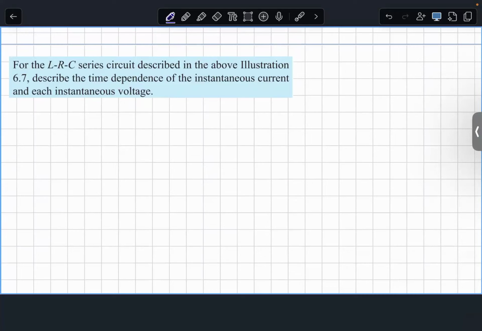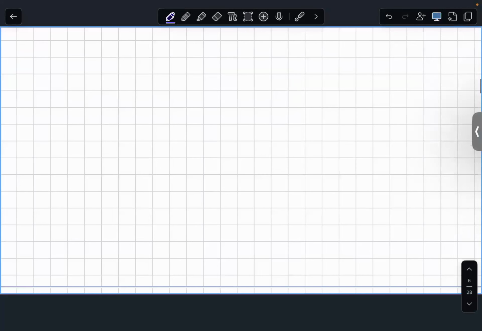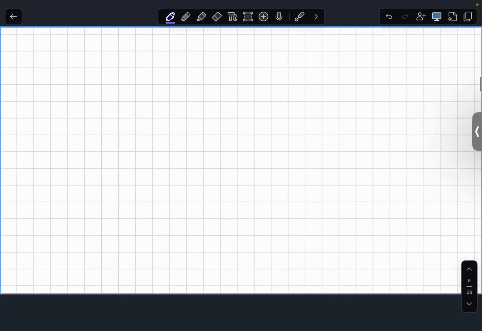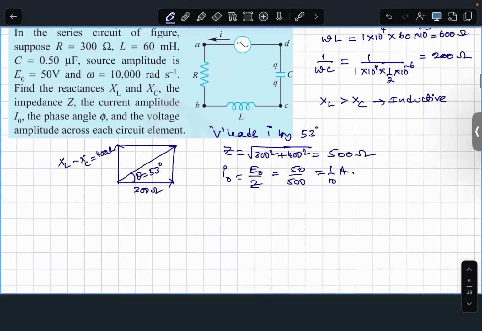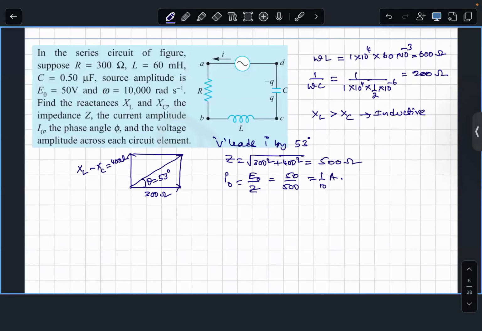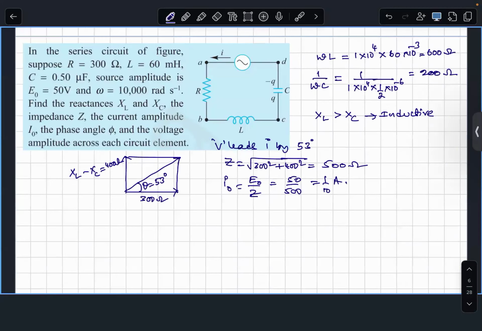First of all, we need some function to be given. Okay, we assume that. Now, what is the current through the resistance?